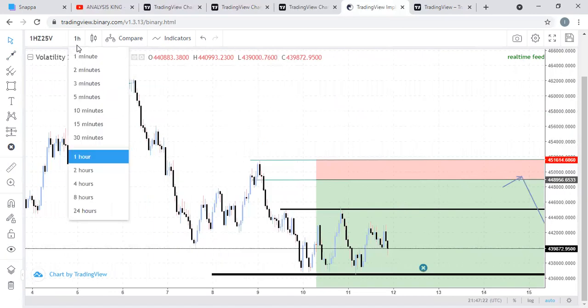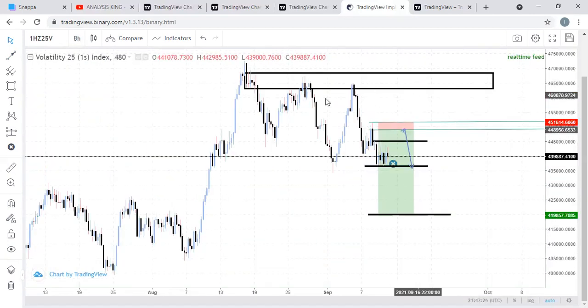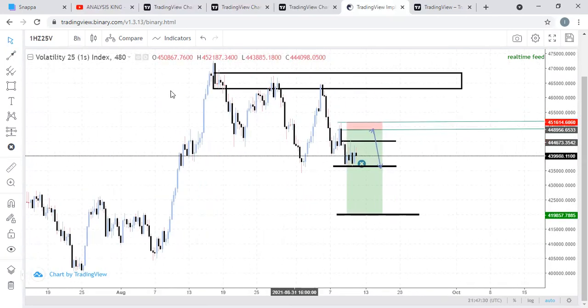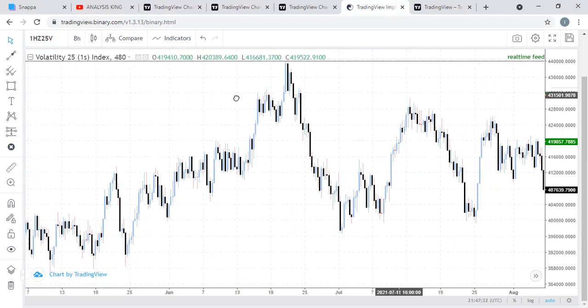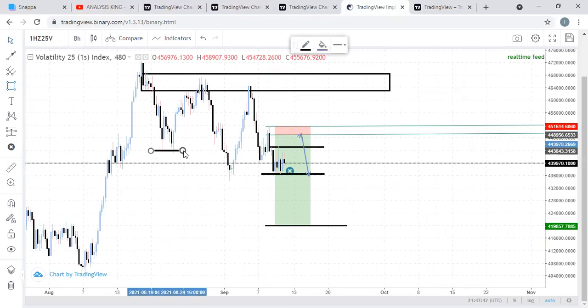Because we can see from the 8 hours that we are currently in a downtrend, right? Generally we are in an uptrend, but for the moment we are in a downtrend because you can see that price has taken out structure.